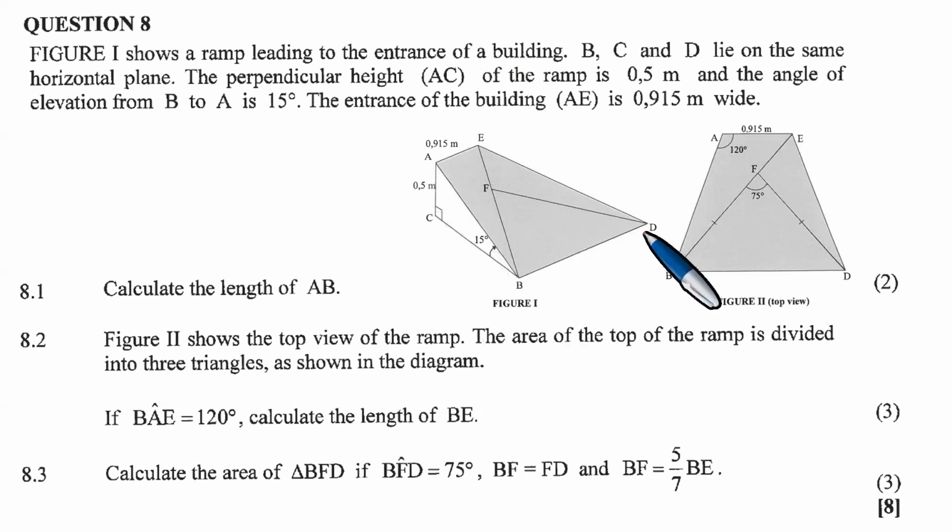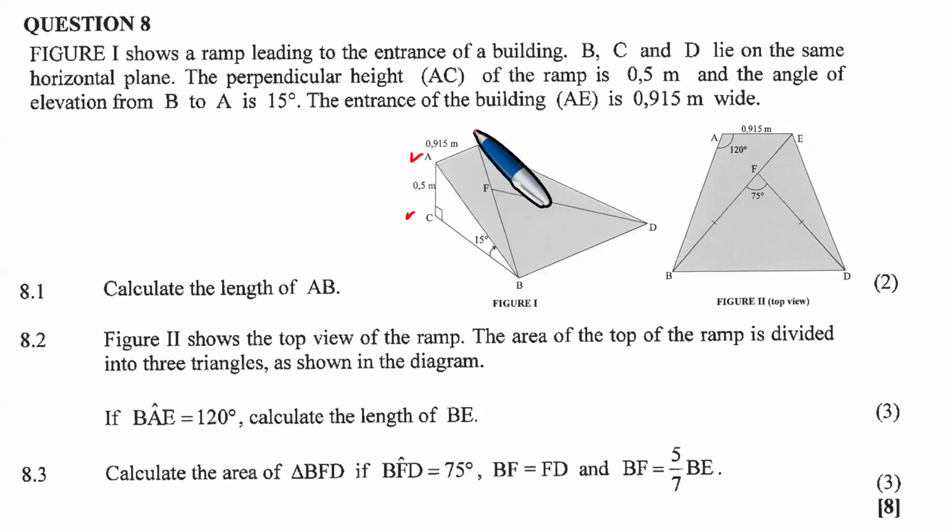The perpendicular height AC of the ramp is 0.5 meters. And the angle of elevation from B to A is 15 degrees.